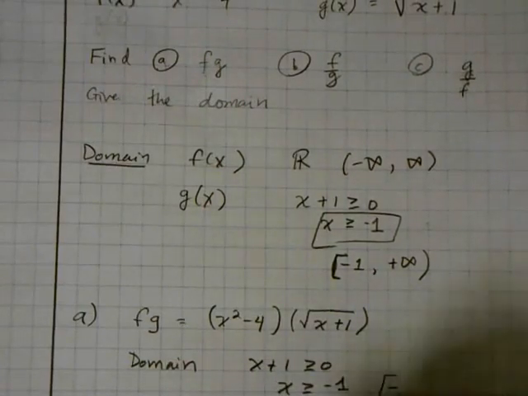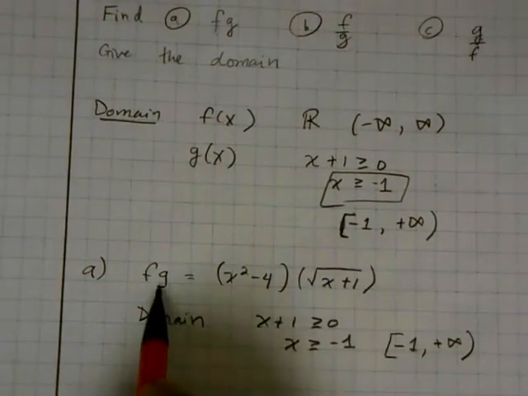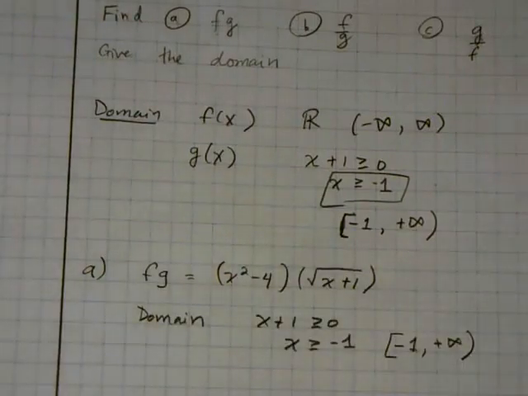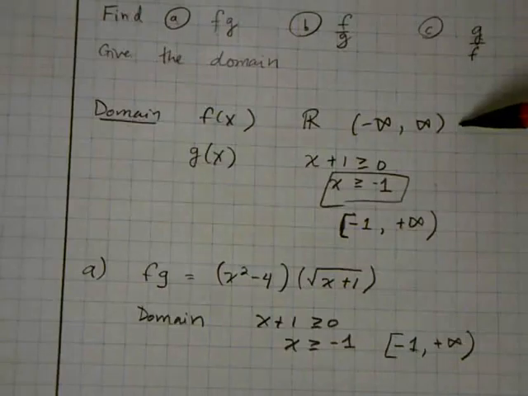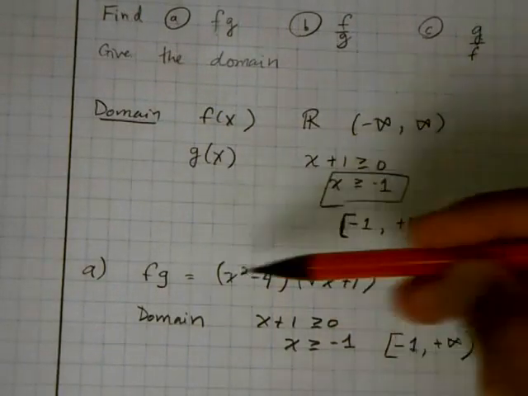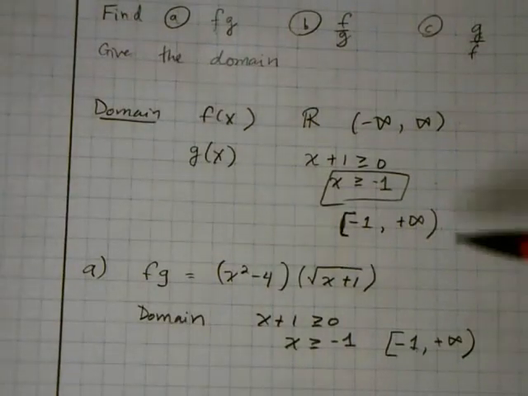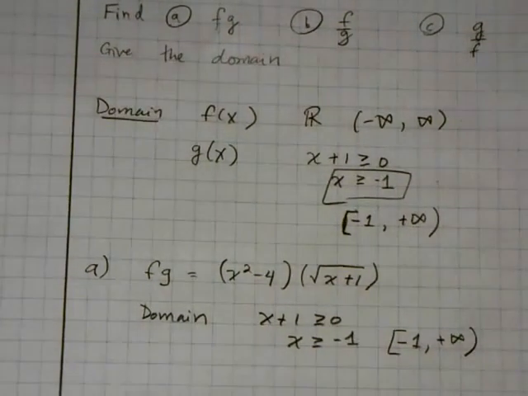So it's the same thing as what I had before. And if you notice something here, the domain of f times g of x, it's the more restrictive one, right? F of x can be anything. You can put anything into f of x. G of x is very restrictive, and when you combine those two together and multiply them, it's the more restrictive one, the one that has more limitations on it.